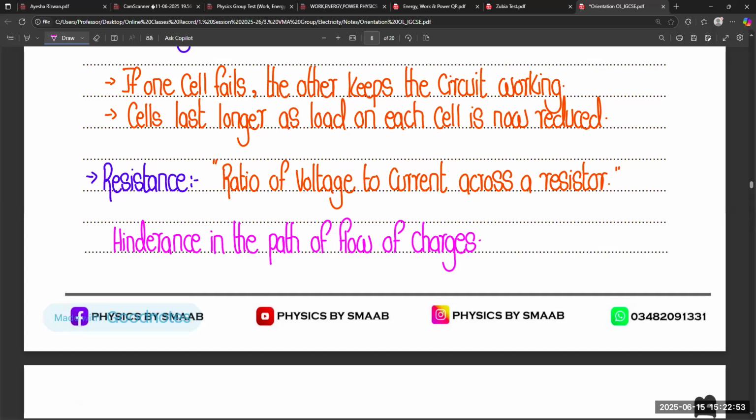So that is the proper definition of resistance. And according to this definition, R is equal to V over I. So the formula is R equals V over I. So this is the concept of resistance. And the SI unit is ohms.